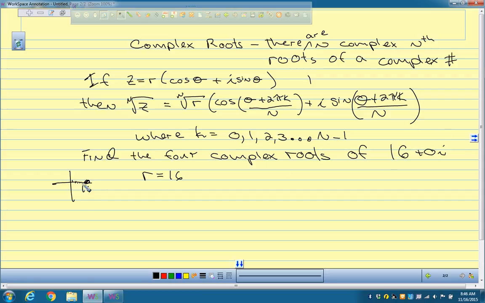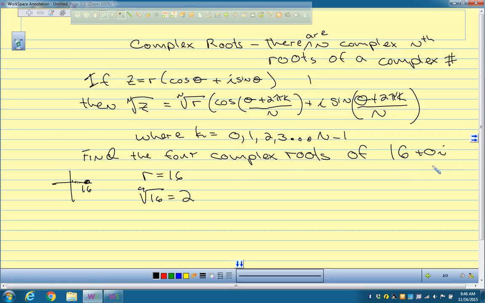Or I could just know that since I'm on the x-axis, I'm at 16. So r is 16. So first of all, you're going to take the fourth root of 16, which comes out to be a nice even 2. The answer is always 2, by the way. No, it's not. But if you're just guessing, why not? Sometimes it's going to be 2.